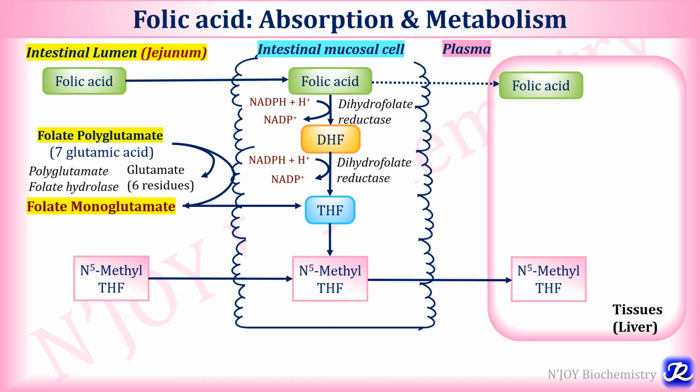Now let's see the clinical features and laboratory findings in the megaloblastic anemia due to folic acid deficiency. Peripheral blood smear shows macrocytosis, that is the RBC size is increased, and hypersegmented neutrophils are seen. Bone marrow examination shows megaloblasts, which are the immature enlarged RBC precursors.